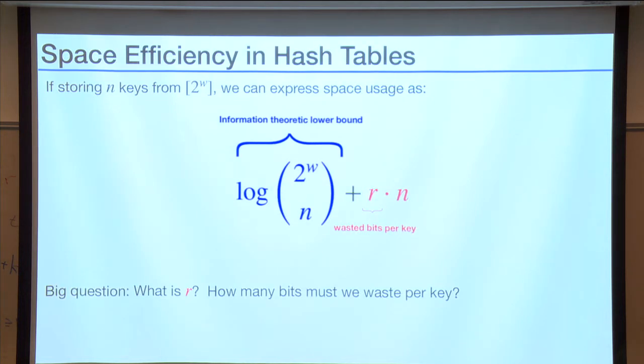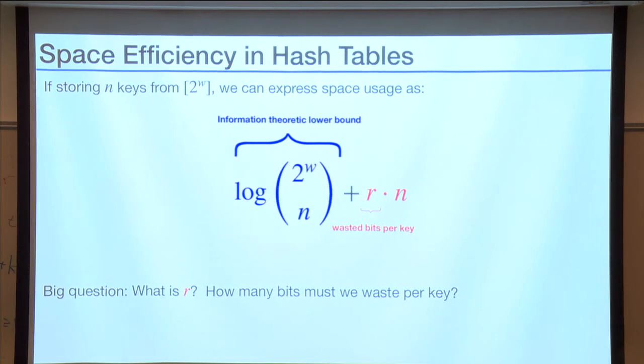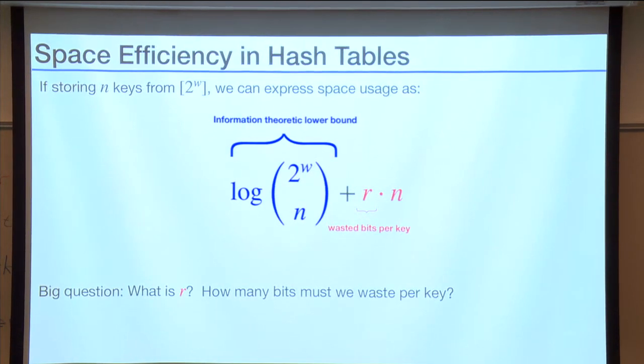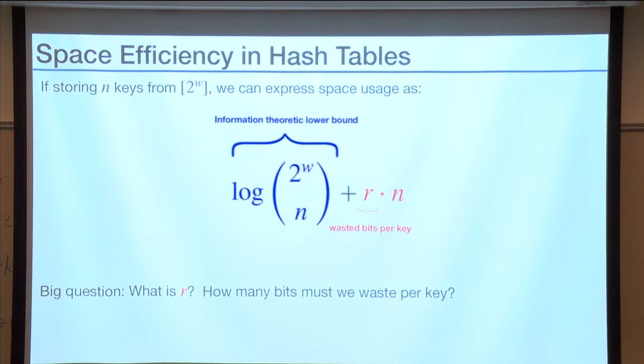OK, so speaking of space efficiency, what's the right way to think about space efficiency for a hash table? If you're storing n keys from a universe of size 2^w, where w is your word length, then we can express space usage as the sum of two components. First, you have your information-theoretic lower bound, which is log of (2^w choose n).